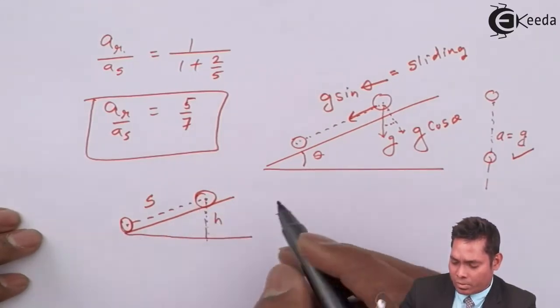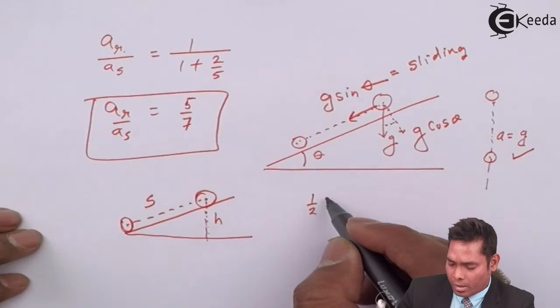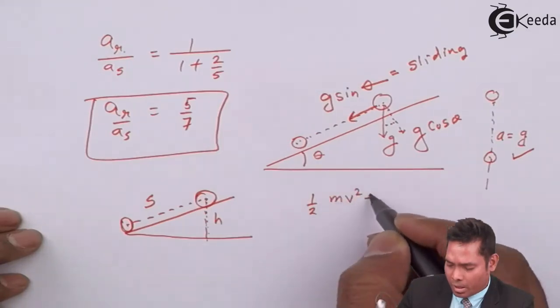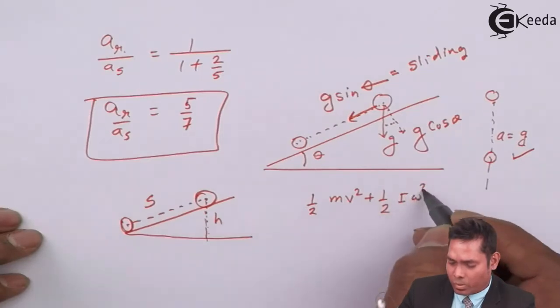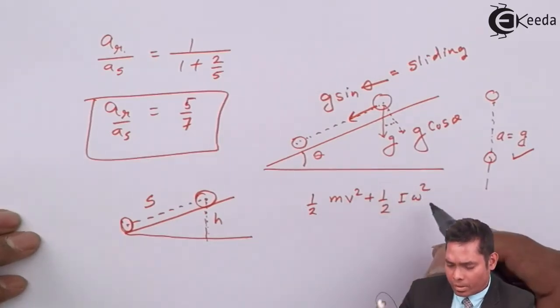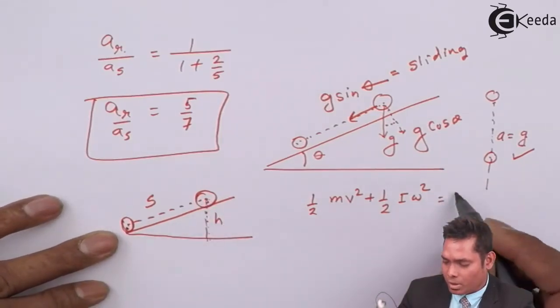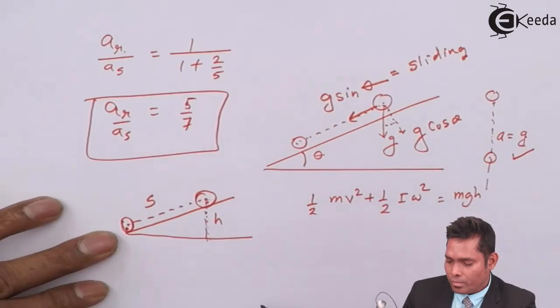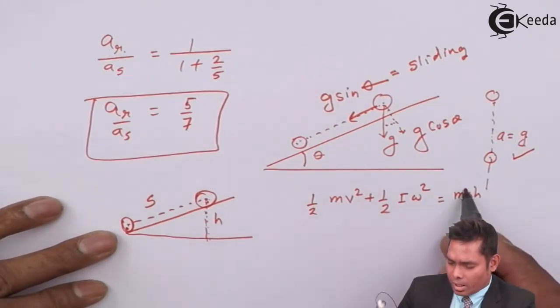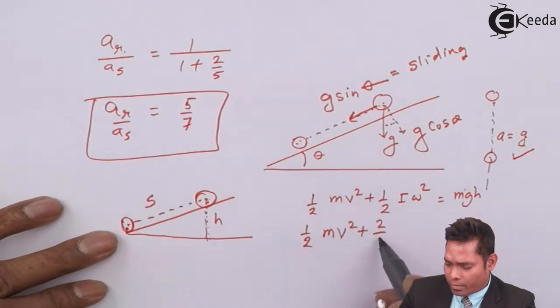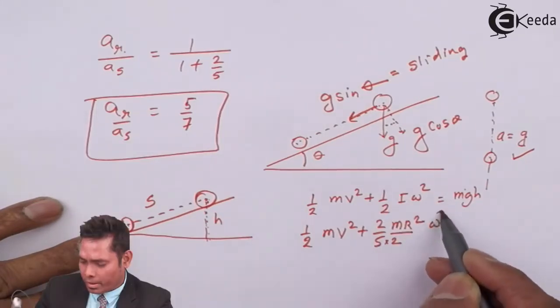I'll write the energy conservation: half mv square plus half I omega square, the total kinetic energy that I'm getting here, is because of this potential energy mgh. This is half mv square plus half into 2 by 5 mr square into omega square is mgh.